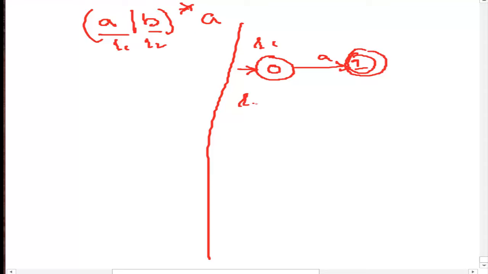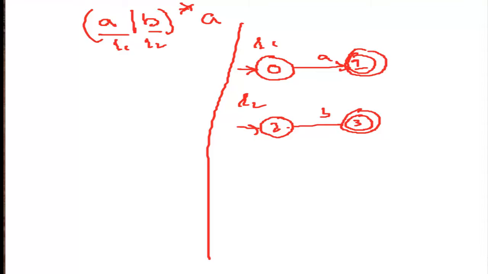R2 is going to be from state 2 as the start state, take b input and go to the final state, call it 3. Now there is going to be the OR, the union operation. So let me call this whole thing R3. So what is R3 going to do?